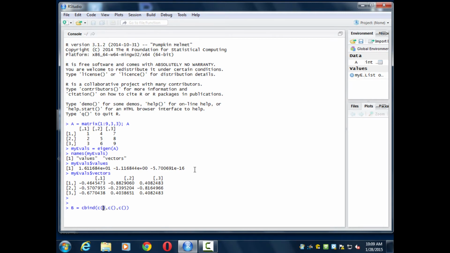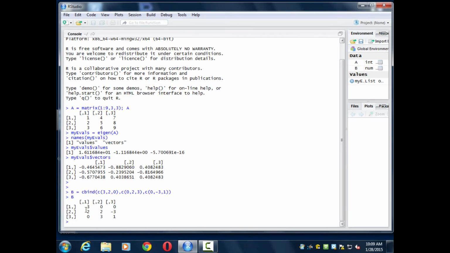The first column has numbers 3, 2, 0. The second column has numbers 0, 2, 3. And the last column has numbers 0, -3, 1. Okay, so here's the first column 3, 2, 0, second column 0, 2, 3, last column 0, -3, 1.